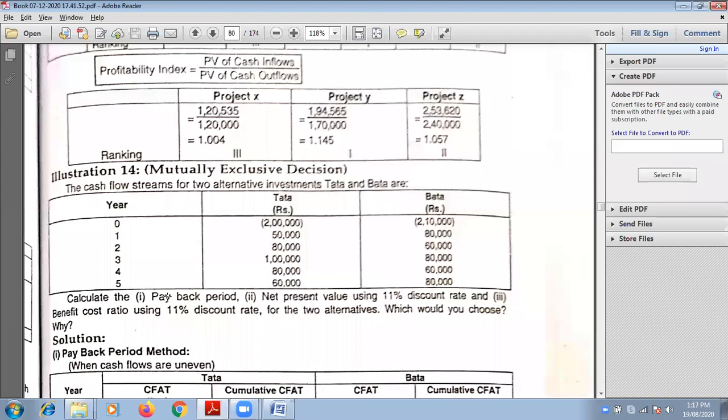if nothing has been described for the net profit, then you have to consider it as the final one. Net profit after tax but before depreciation is already available to you. Why? Because they are not describing anything. I will not do it myself. What will I do? Should I deduct the depreciation? Should I deduct the tax? Should I only add back the depreciation?